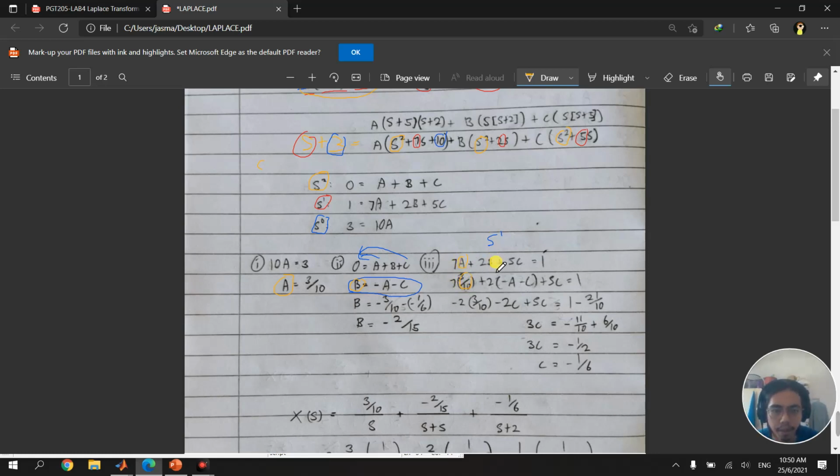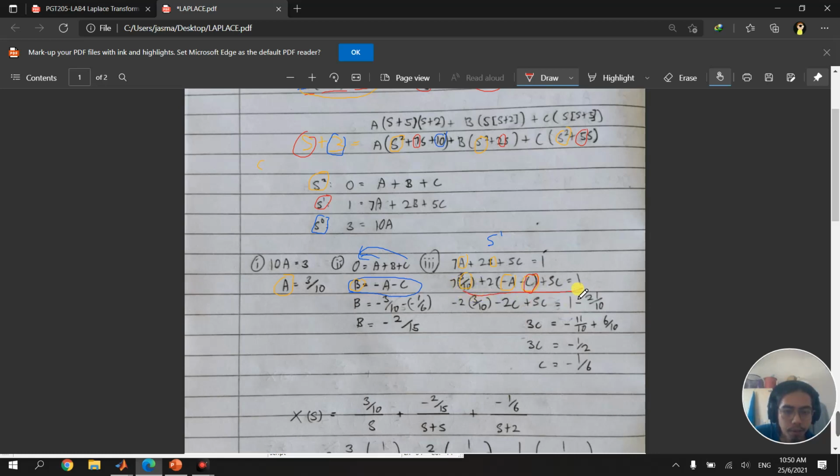So we are left with only c, because we also can replace this. So now we get negative 2 times 3 over 10 minus 2c plus 5c equals 1 minus 2 over 10, which has been moved.